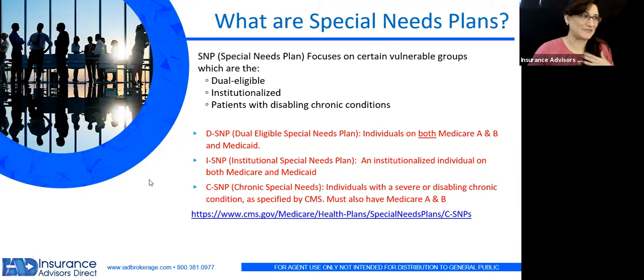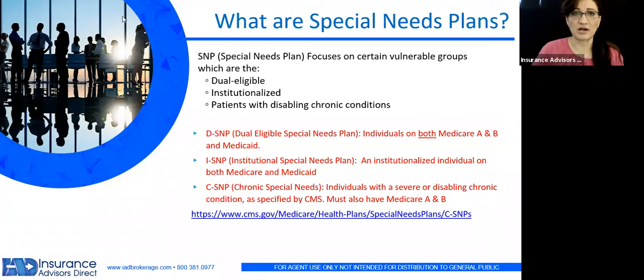What are special needs plans? As you have heard, there are 3 major special needs plans. The DSNP, which is your dual eligible needs plan, for which you have to have both your Medicare A and B and your Medicaid card, your I-SNP, and your C-SNP. Your I-SNP is for institutional individuals, and your C-SNP is for chronic needs.